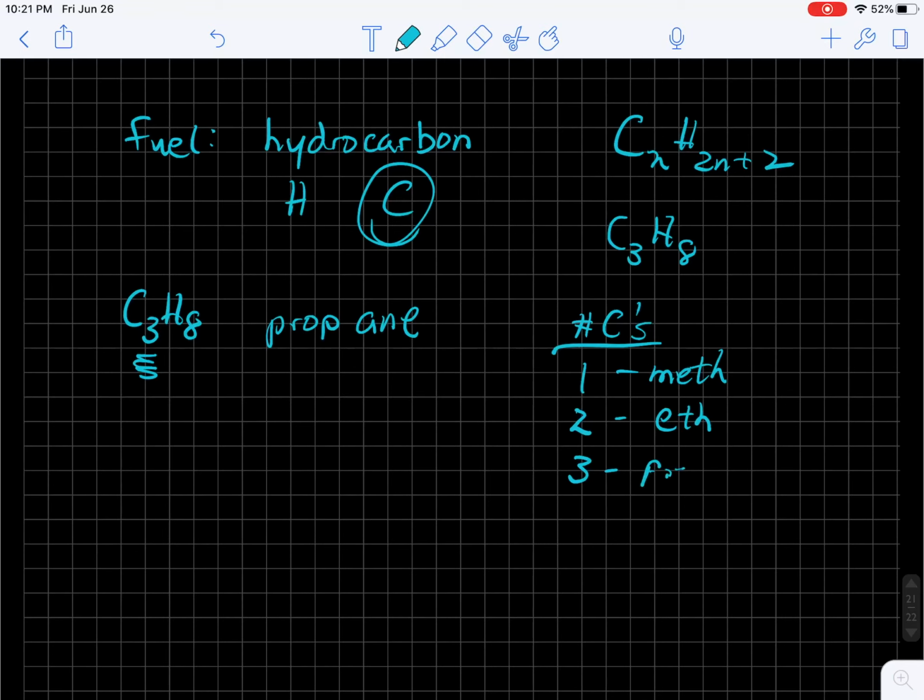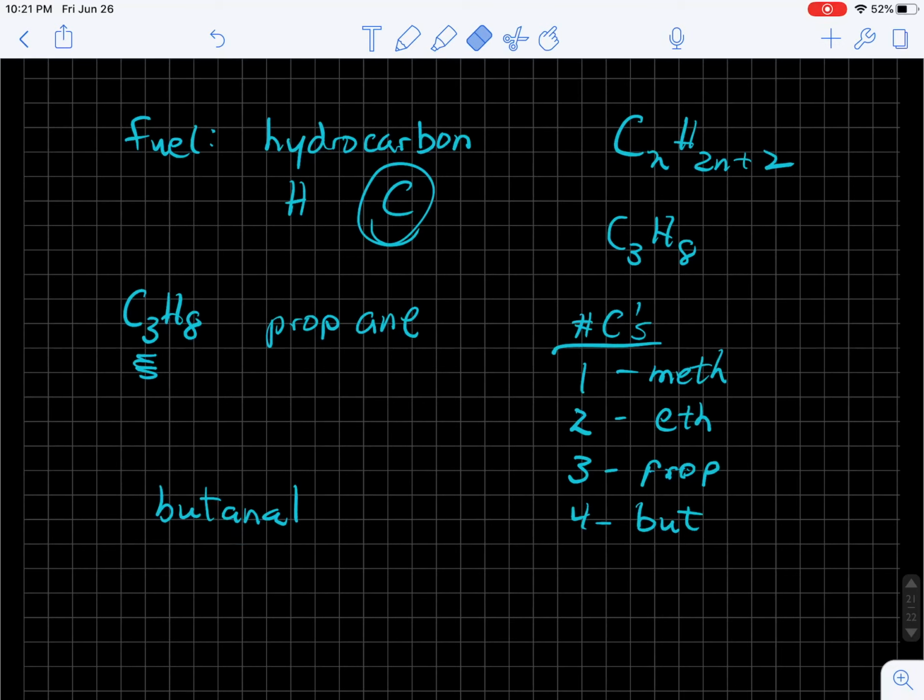This is only for carbon structures. 3, they use the term prop. 4, they use the term but. It's not but. We wouldn't have butane. We would have butane. In fact, there's something called aldehydes, which all end in -anal. So if you have a 4-carbon aldehyde, it is pronounced butanal, not but-whatever, which is kind of funny because it's got but and anal in the same name.